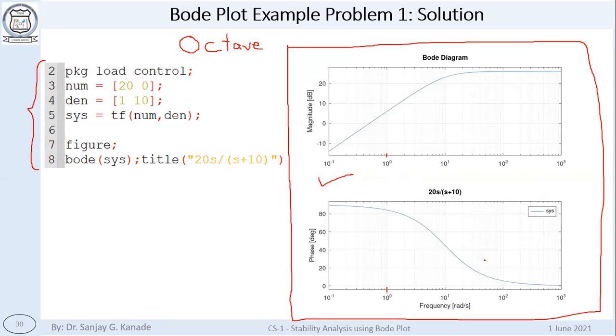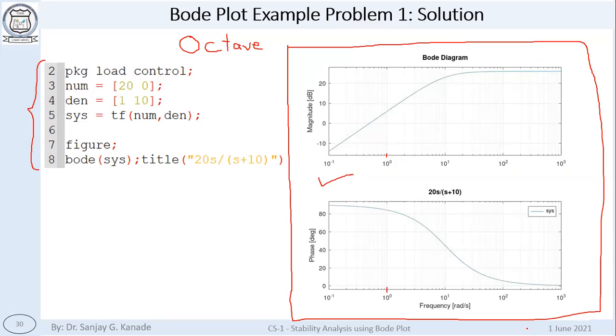Now, why is it required? We are going to see in today's lecture why we have to do this. We must draw both plots one below the other, with the magnitude plot on top and the phase plot on the bottom, and the x-axis scale is common to both plots.